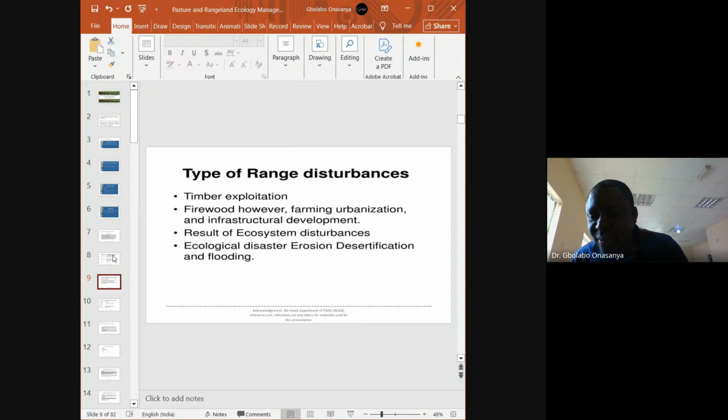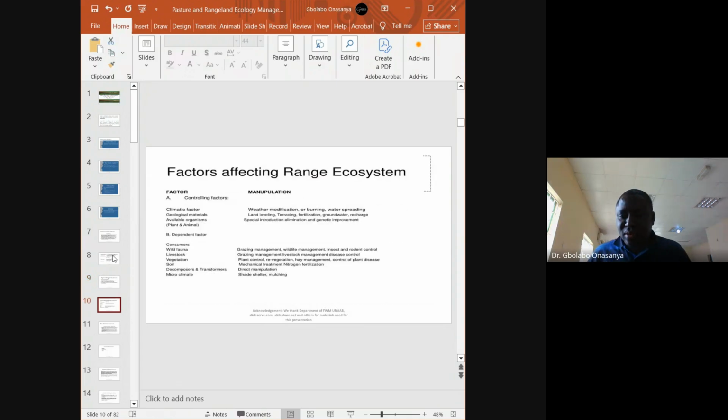We have desert encroachment, even human encroachment into our rangeland. So all of these factors destabilize and disturb the ecological balance of our rangeland, and ultimately will affect the quality of the rangeland.